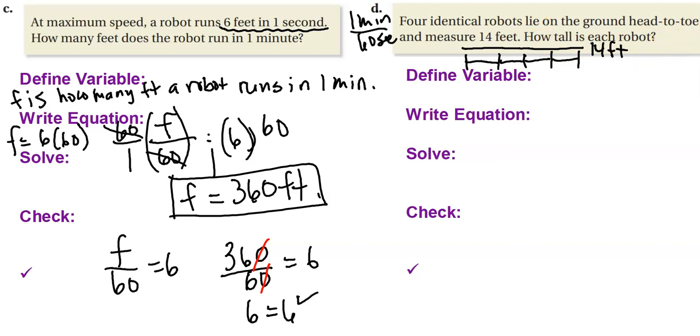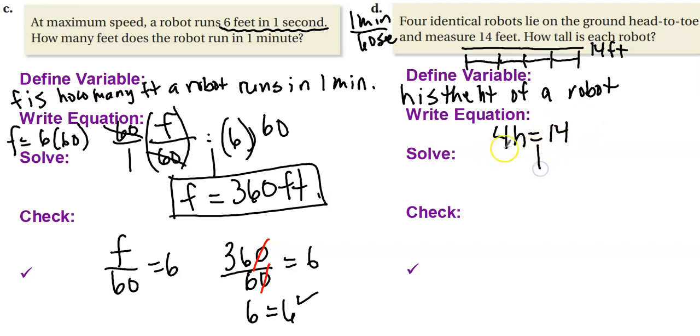So I could call my variable h, and h is the height of a robot, right? And they're all the same. So if you think about them all being the same, you could take h plus h plus h plus h, which is the same thing as 4h. So my equation is 4h equals 14. I draw my balance scale. I divide both sides by 4.